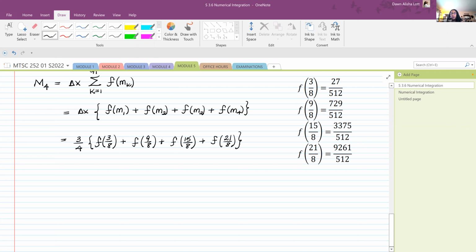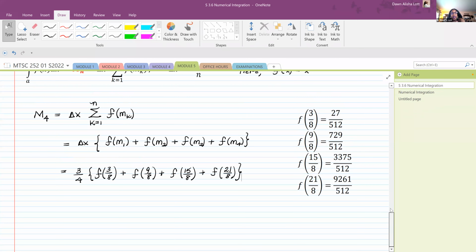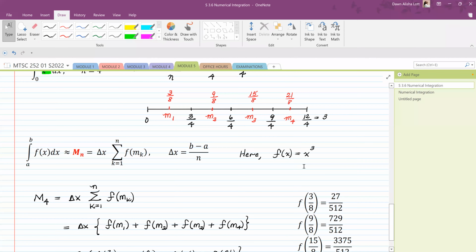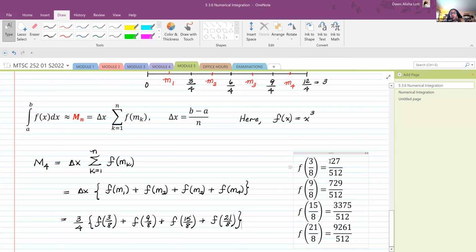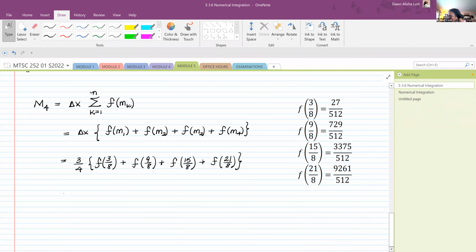All right. So in the essence of time, I calculated these already. So f of 3/8: the function is x cubed. So f of 3/8 is 3 cubed is 27, 8 cubed is 512. So we get 3/4 times 27 over 512.